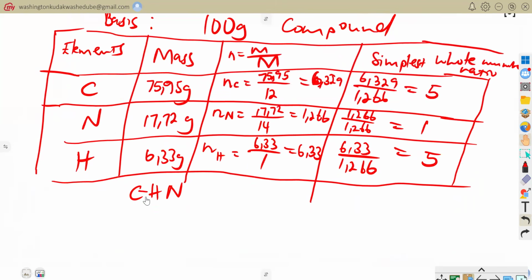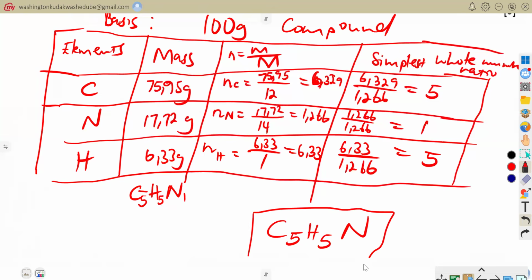I need to have 5 of my carbons, 5 of my hydrogen, and then 1 of my nitrogen. So the empirical formula is just going to be C5H5N.